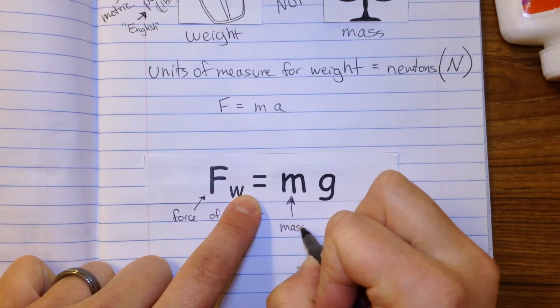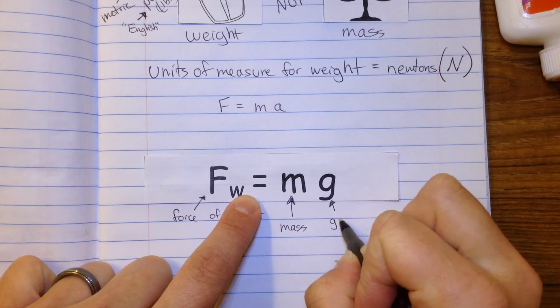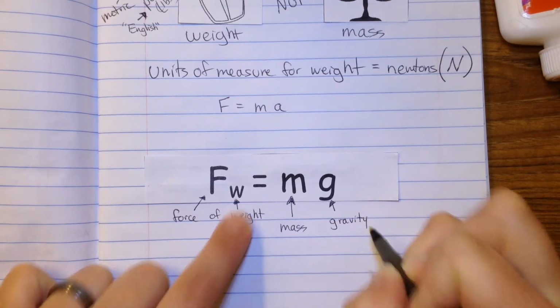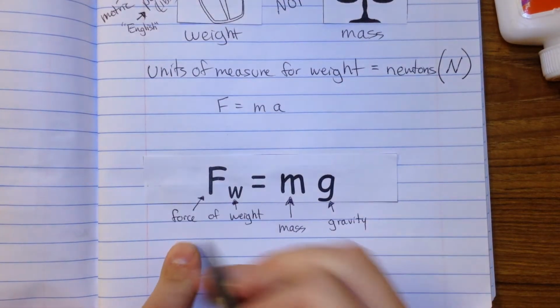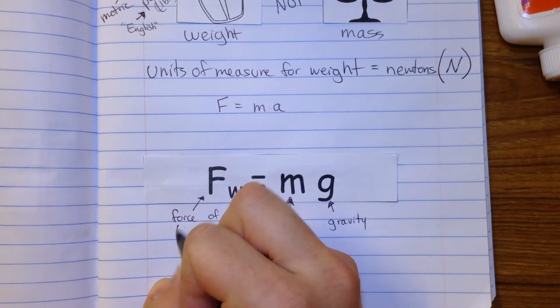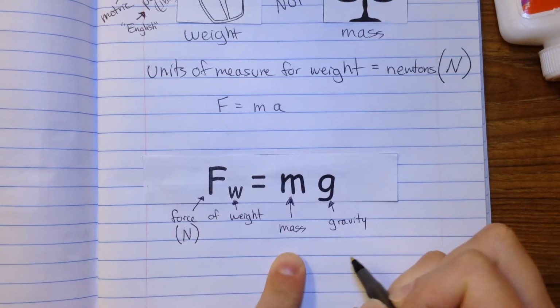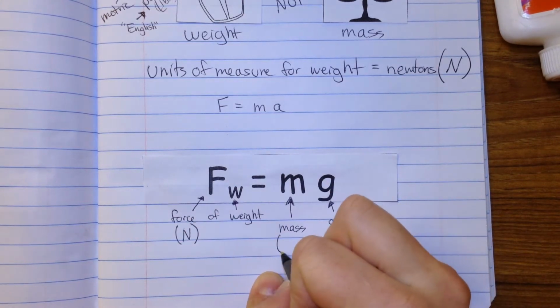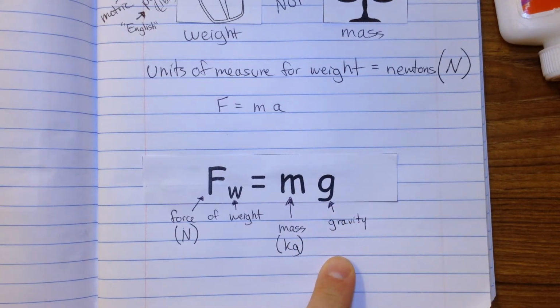The mass, multiplied by, what's g stand for? Gravity. What are the units of measure for force? Newtons. What are the units of measure for mass? Kilograms. And what are the units of measure for gravity?